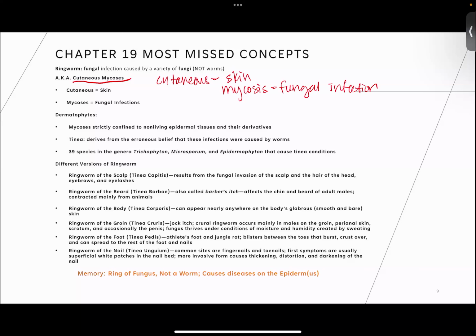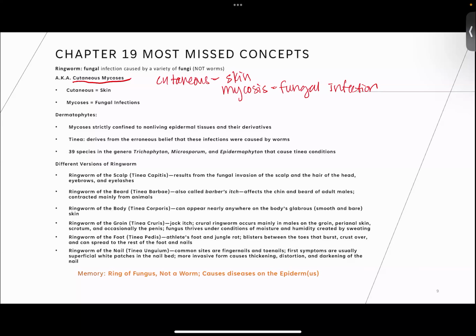Mycoses is plural. So any variation of having a fungal infection in the skin, whether it's in your feet for athlete's foot, or your scalp, or your beard, or your body, or your groin, or your nails. We're talking about the disease of the cutaneous system. So all of these fungal infections are super common.